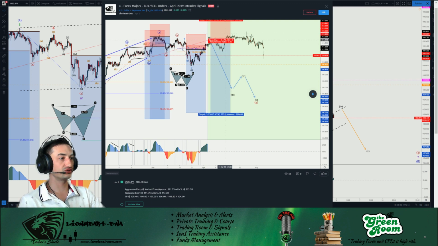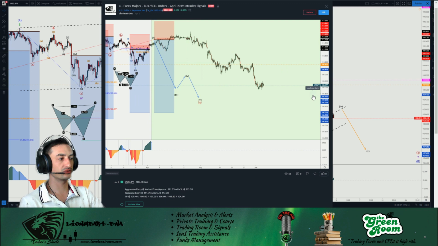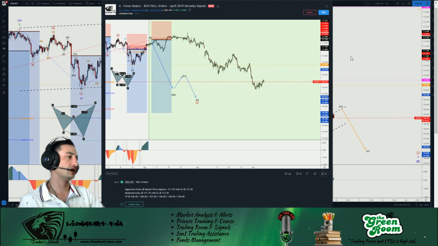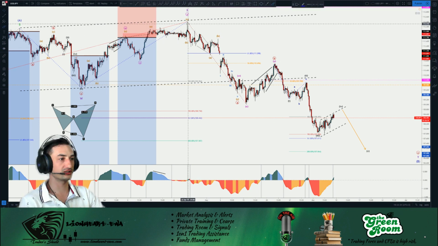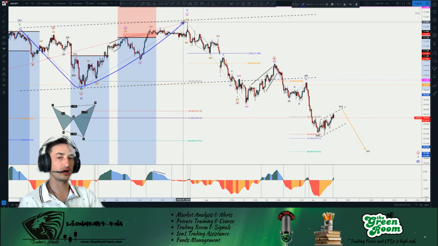Now these two were still panning out, so my trades were deep in profit with these. As you can see, how I'm labeling this is a WXY in a double three pattern.